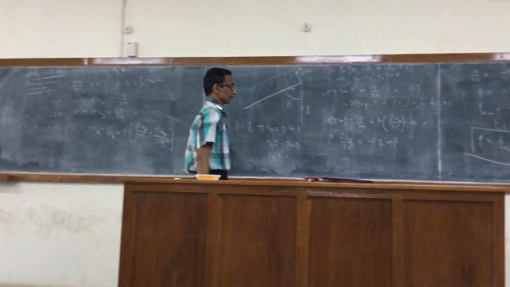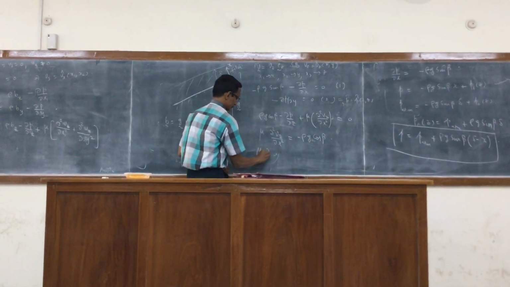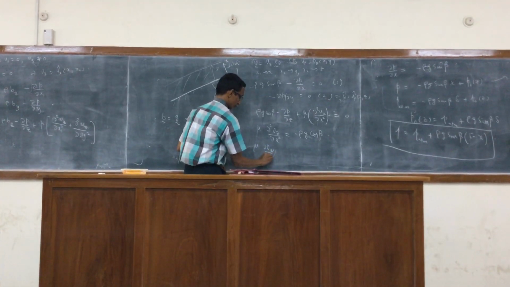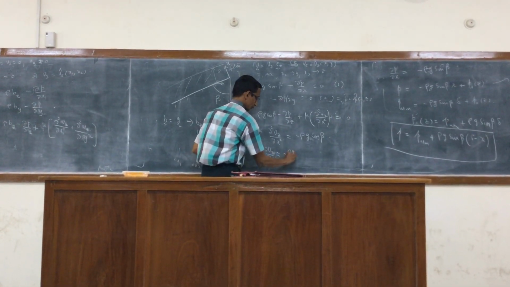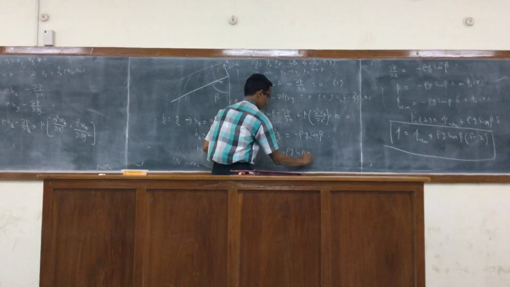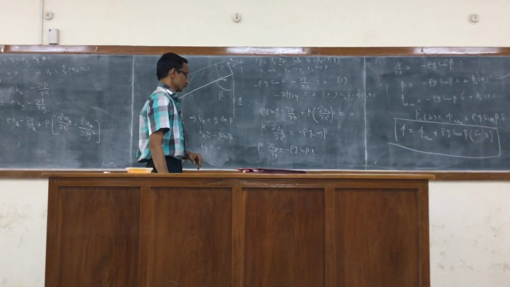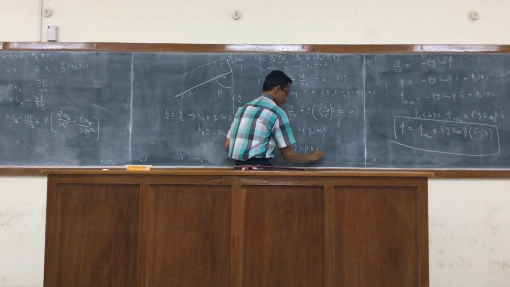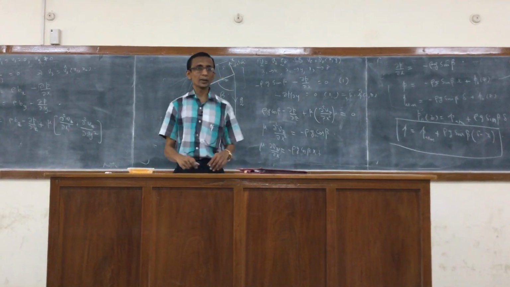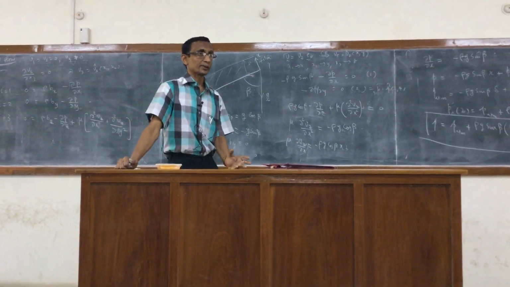I'll just integrate it once, and I'll get the derivative of Vz with respect to x, plus a constant.